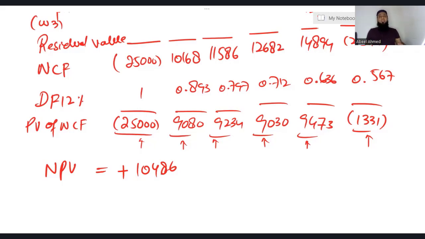So actually in this video, I just wanted to give you the flavor of what type of NPV questions come in exam. It's a very first question. From here onwards, we'll be doing lots and lots of questions from the kit, which are past paper questions.